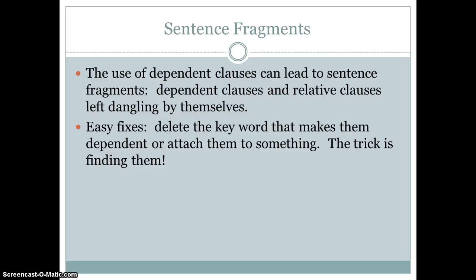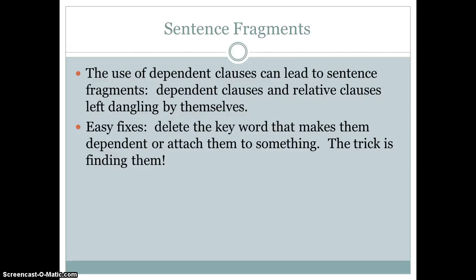But in order to fix it, all you have to do is attach that dependent clause to something, or take out whatever word or words make it a dependent clause. The book gives examples, so I'm not going to take the time to go into that. Look at the examples in the book. But again, it's really easy to fix. You just have to find them.